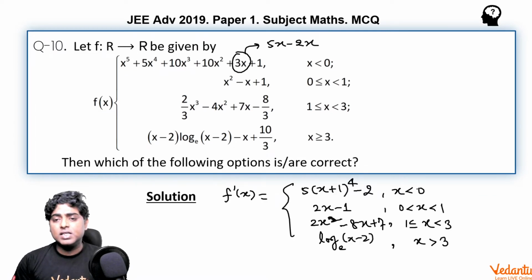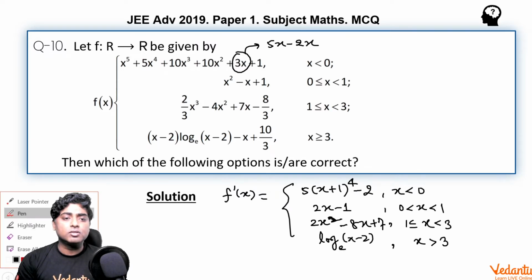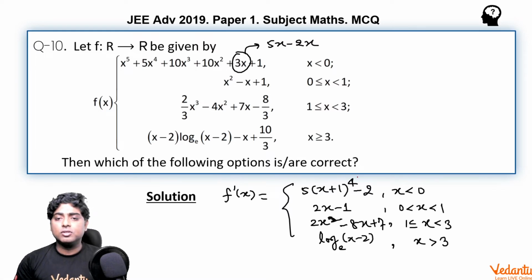Is it increasing in the first part? We can easily see that the first derivative in the first interval, minus infinity to 0, is not always positive or not always negative. So f dash is changing sign from minus infinity to 0.